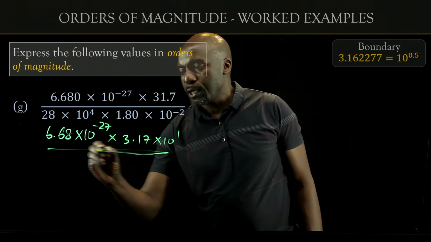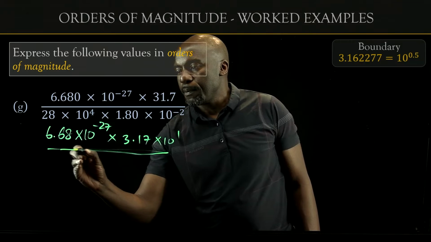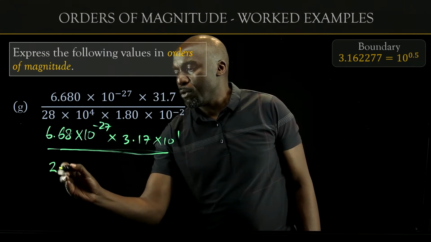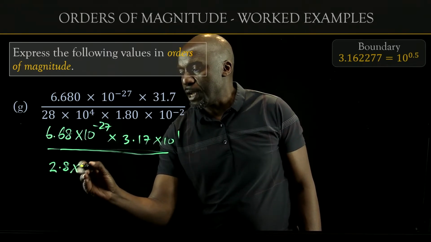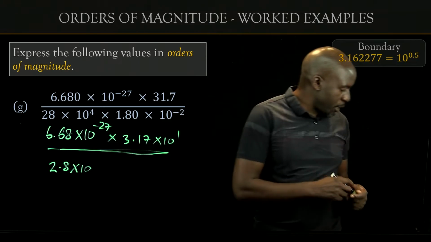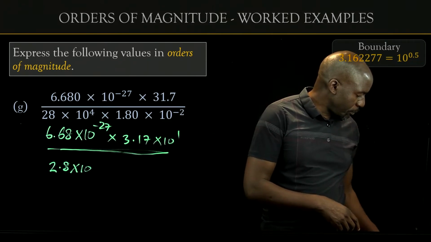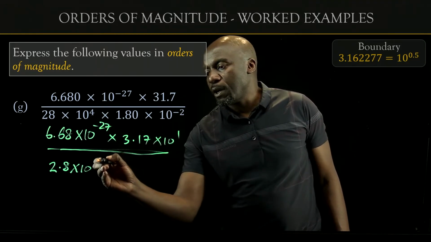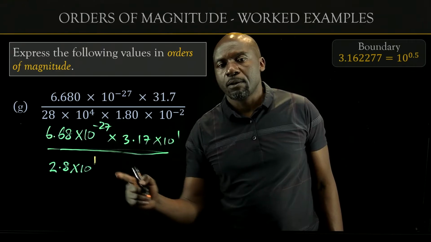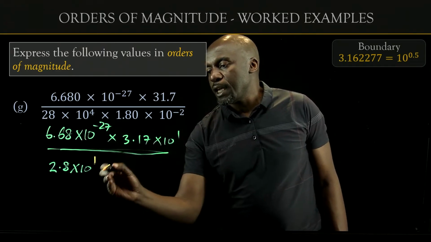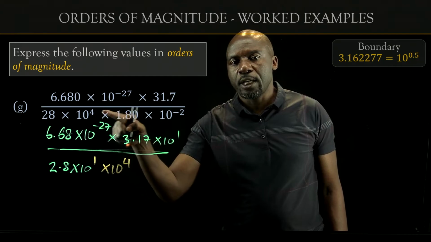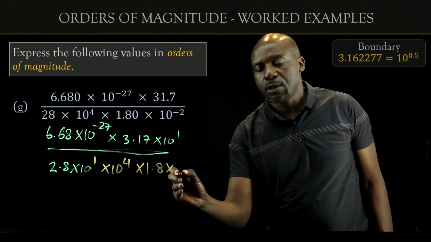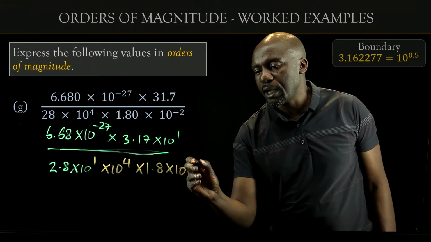We end up with 2.8 times 10 to the power of 1. That's just 28. Then times 10 to the power of 4, which is already here. Then we have times 1.80 times 10 to the power of negative 2.